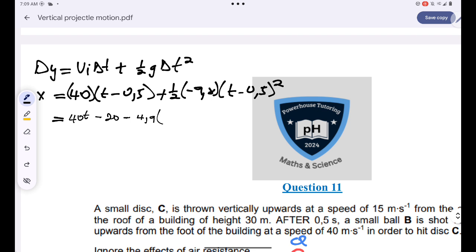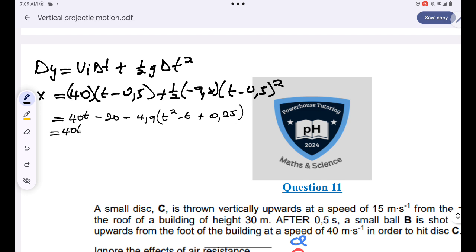There's a negative sign here. T minus 0.5, you'll simply have t squared, and then you'll simply have 0 minus t plus 0.25. Let me check, 0.5, yeah, that's 0.25.